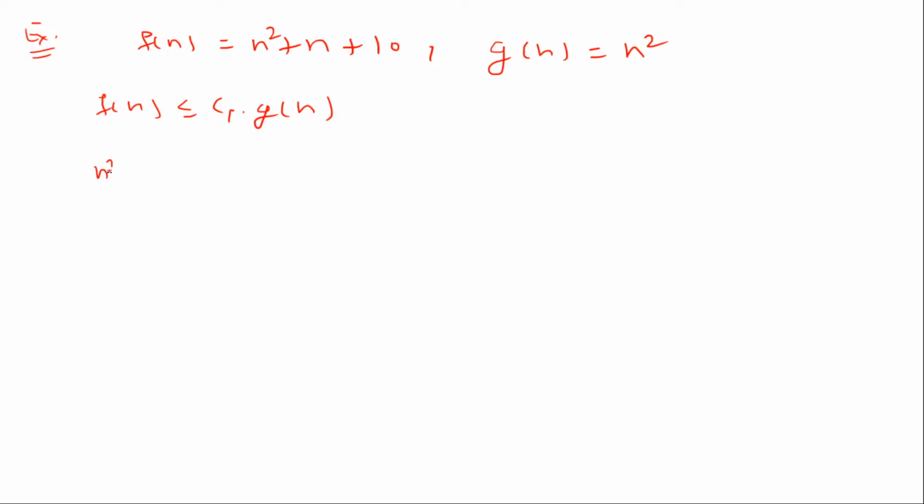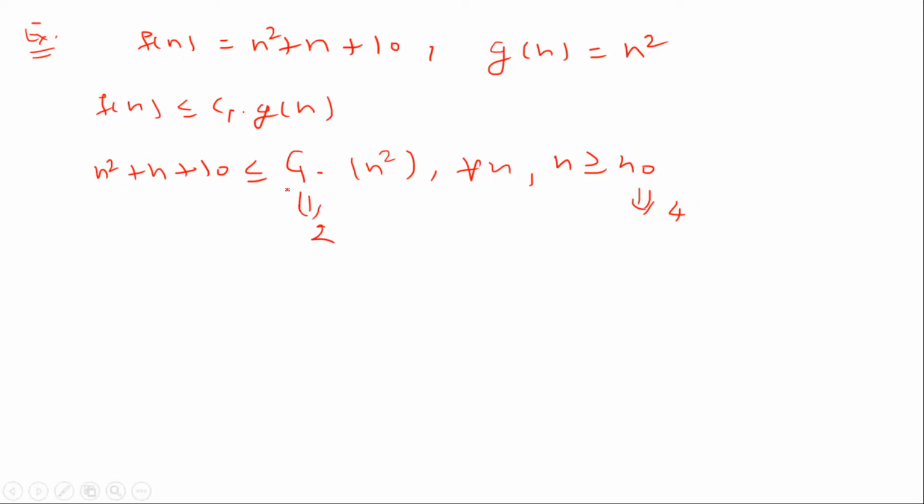Fn n square plus n plus 10, c1 dot gn n square, for all n greater than or equal to n naught. Put the value of n naught 4 and put the c1 value 2, and it satisfies the condition. You can check, it will satisfy the condition.